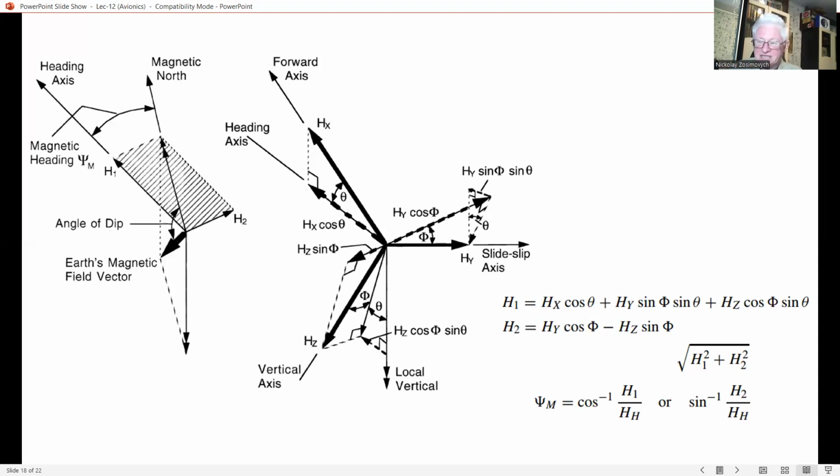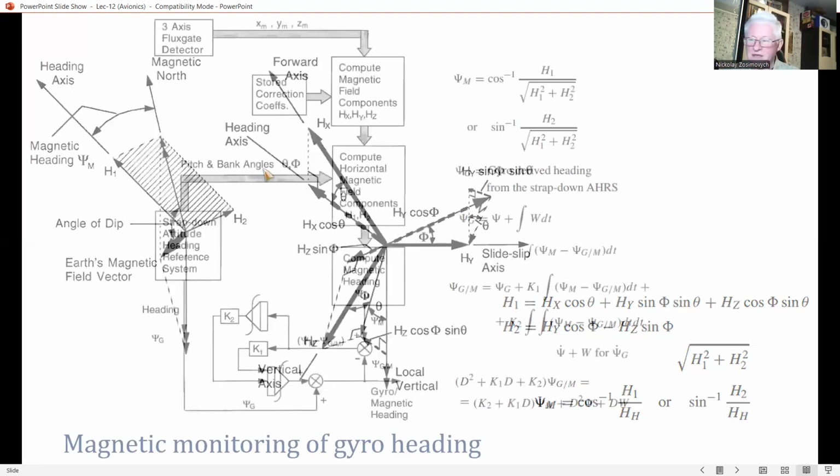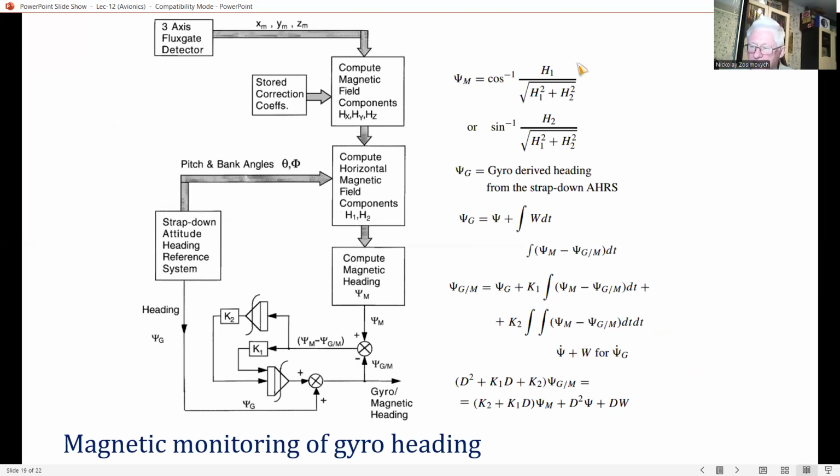And in this case, we may use another coefficient. Look at this one. I just said psi J over M, gyro-derived heading from the step-down system.